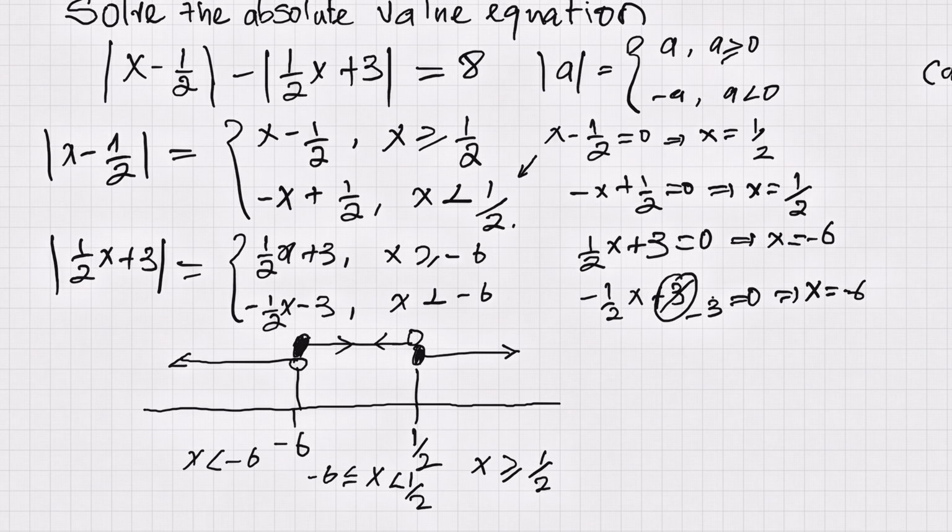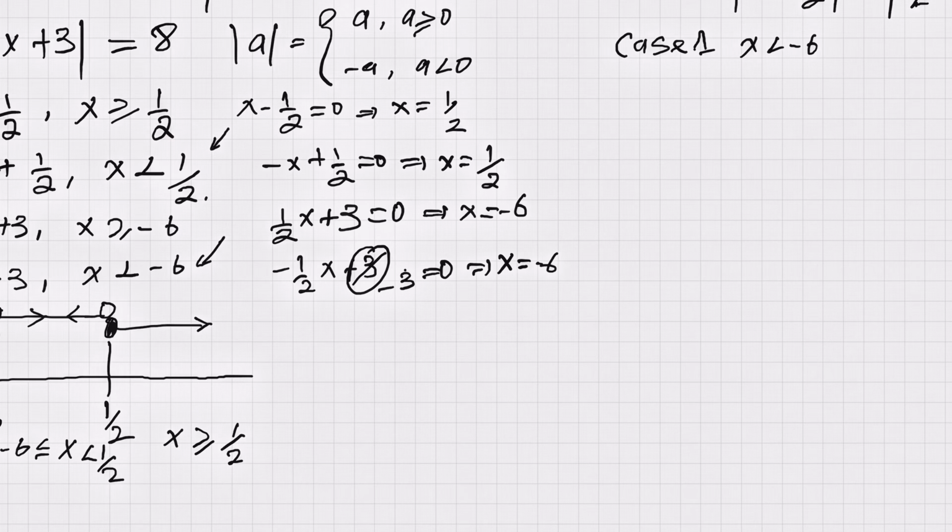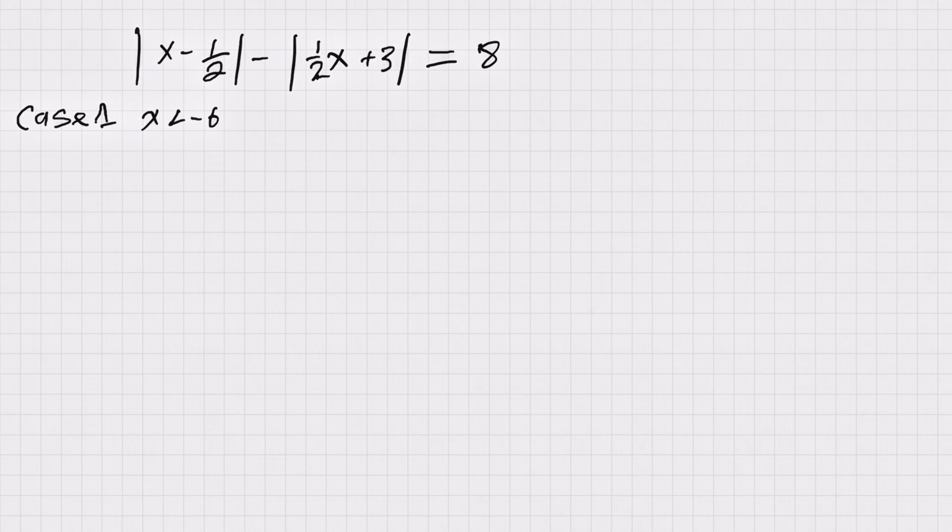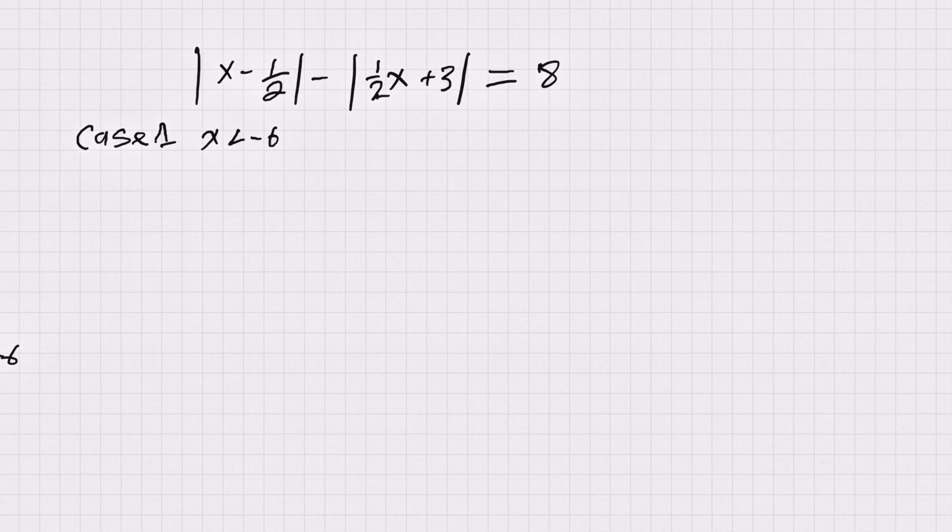And for the second inequality, x less than -6 is clear that it is this one, right? So we're picking the second equations. So we're picking the negatives, the negative part of the inequality. All right.